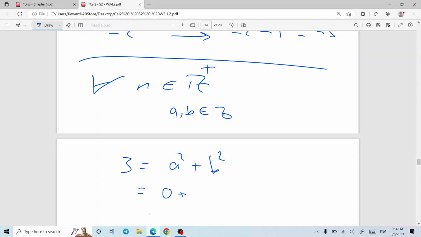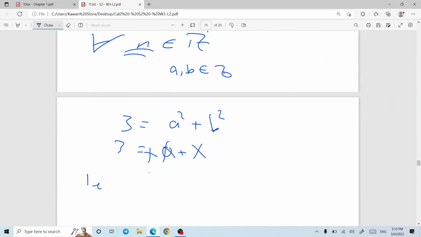Odd numbers cannot be equal to the sum of two even numbers. My question is: if I have 3, is 3 equal to the sum of squares of two positive integers? No. So we cannot bring anything. So 3 is what? It is a counter example. Understood?